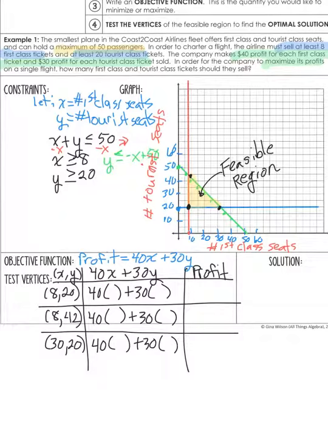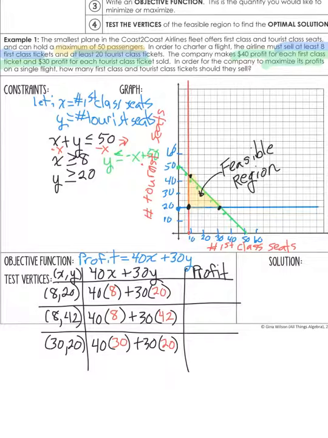Okay, so now I'm ready to substitute in my x's and y's. For my first ordered pair, my x is 8 and my y is 20. My second ordered pair, my x is 8, and we decided that our y had to be 42. And for the third, my x is 30 and my y is 20.